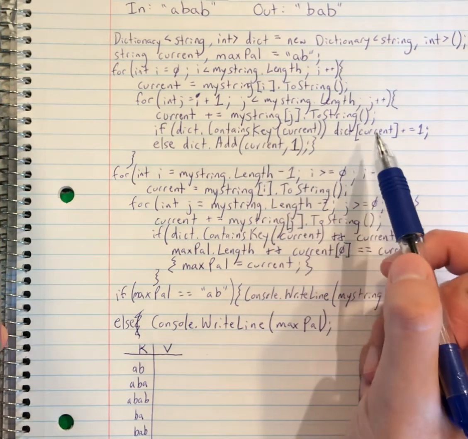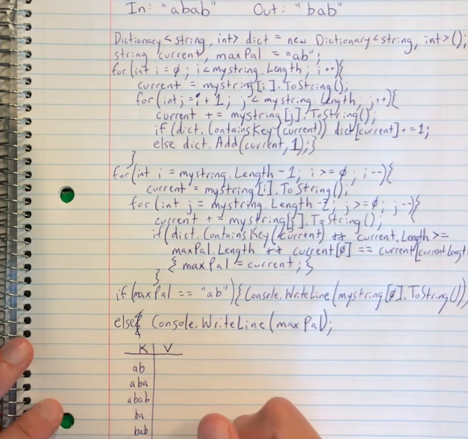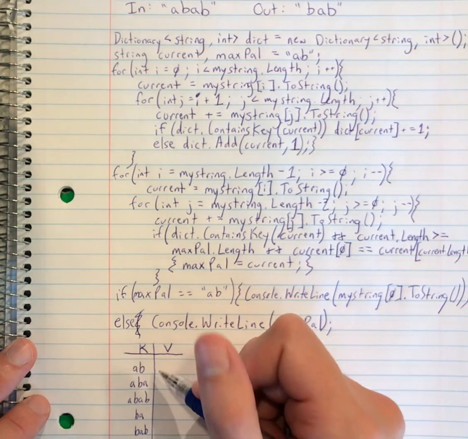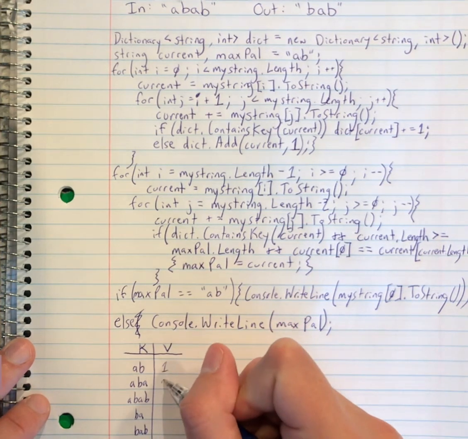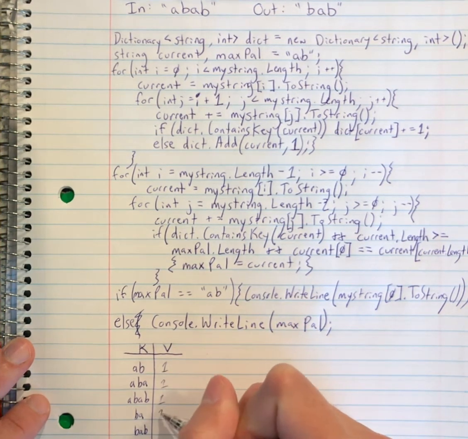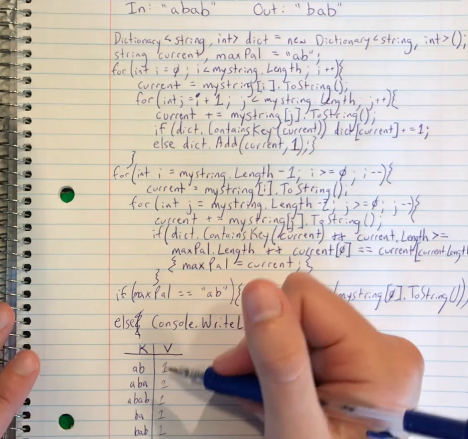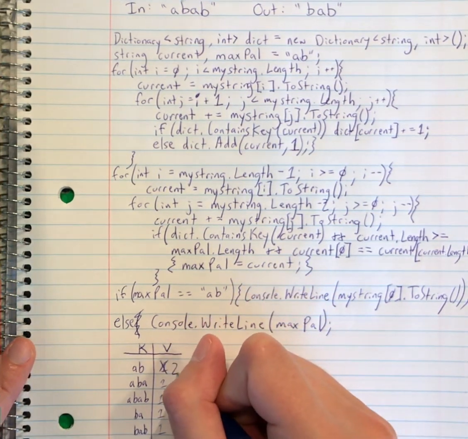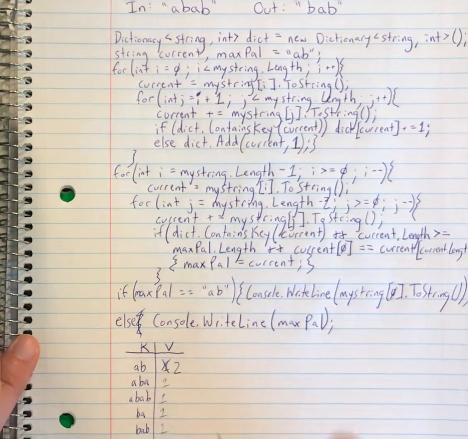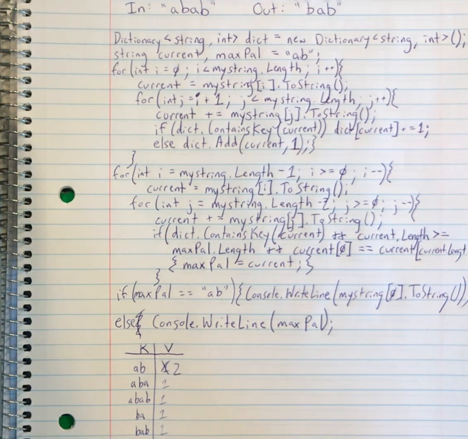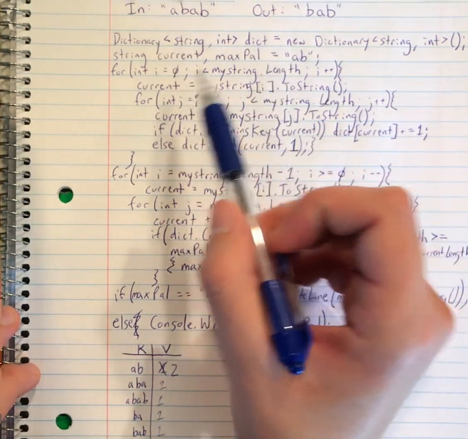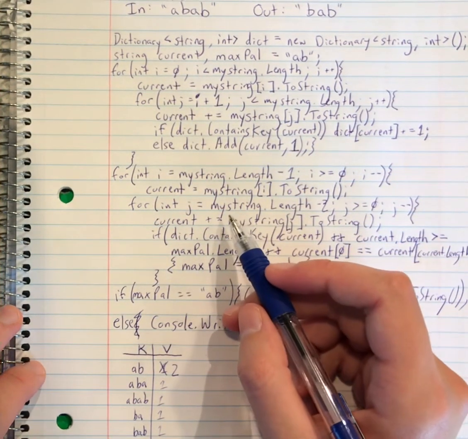So in here we have AB, but we already have AB. Oh, and all of these were 1. So we update this value to be 2. Okay, now we have all of our strings input into our dictionary as keys in the forwards direction, so we'll see if any match in the reverse direction.